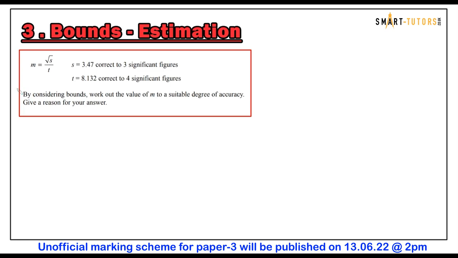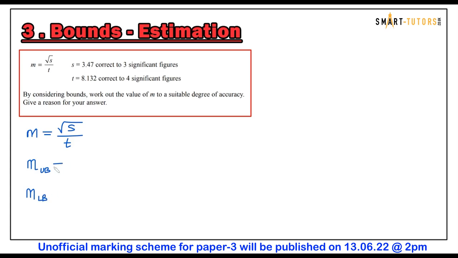First of all, you need to understand the equation. So M equals the square root of S over T. So this is in a numerator and denominator format. Suitable degree of accuracy means you need to find M's upper bound, UB, and M's lower bound.